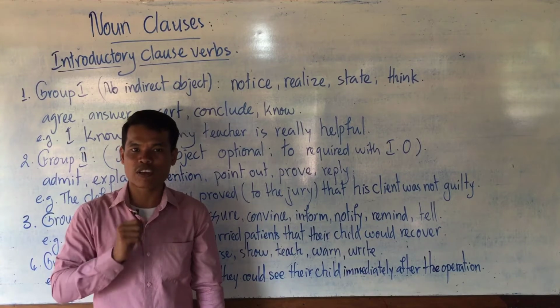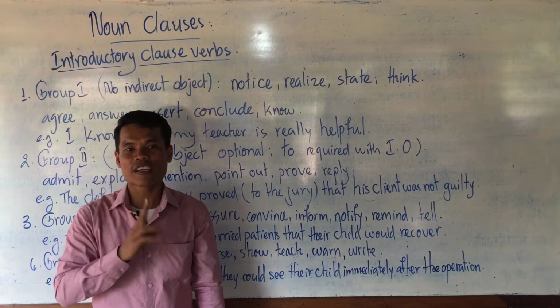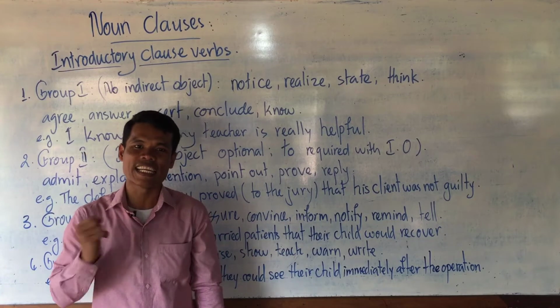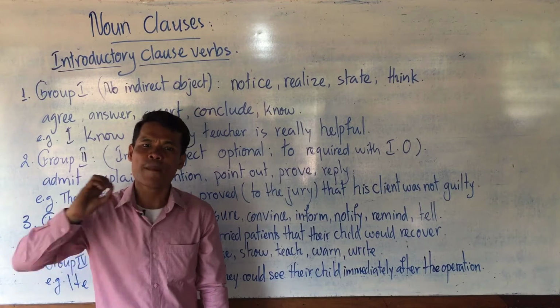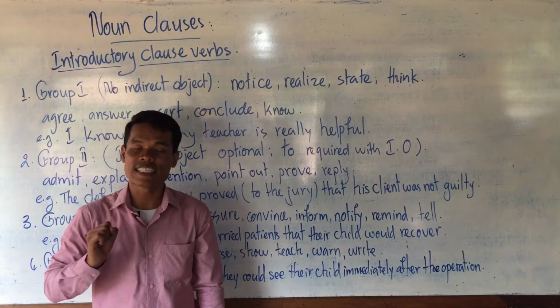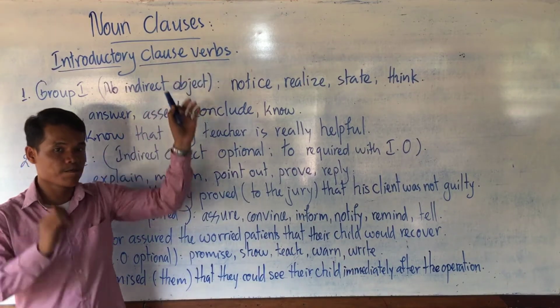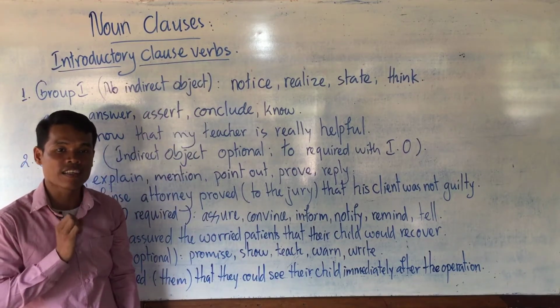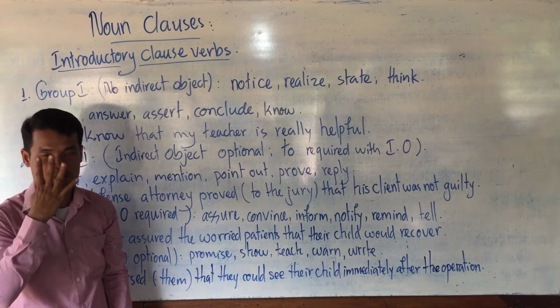When talking about two objects, we always think of direct object and indirect object. That's why introductory clause verbs here play a significant role in our noun clause, that clauses. Introductory clause verbs followed by that clause here are divided into 4 groups.